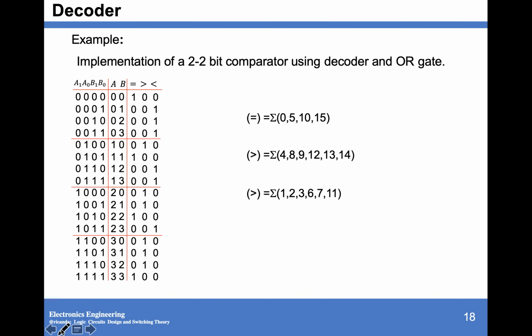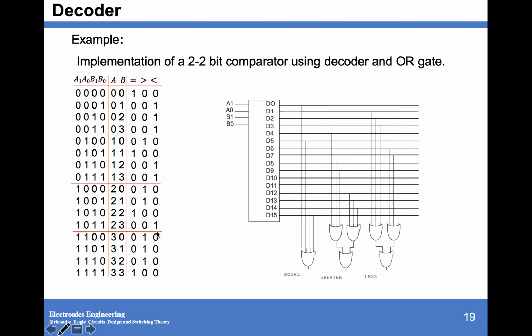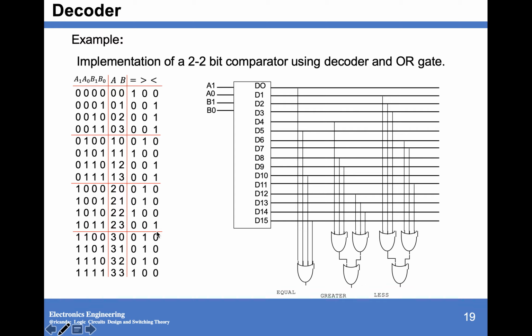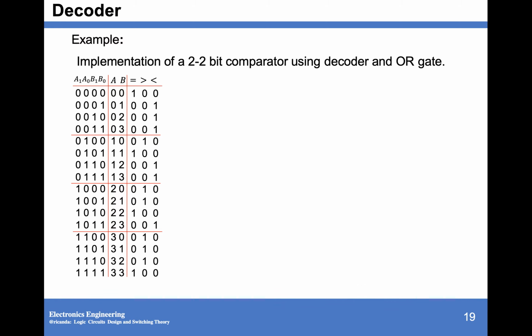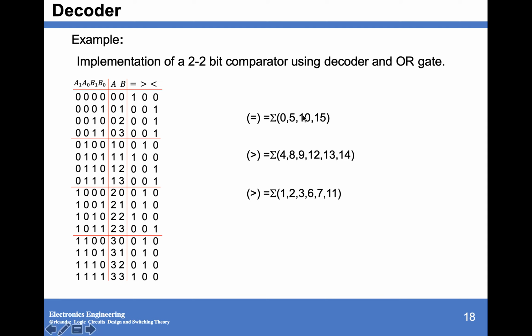And this is less than. For less than, we have 1, 2, and 3, followed by 6 and 7, and your 11. So this is now your circuit. Just get the equation of the equal: 0, 5, 10, and 15; greater than: 4, 8, 9, 12, 13, and 14.